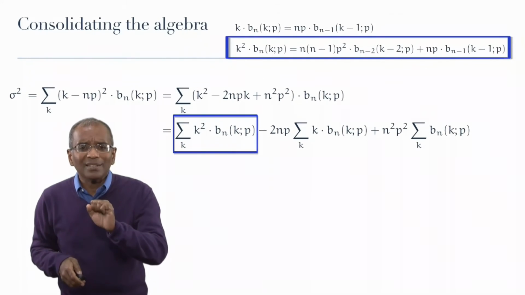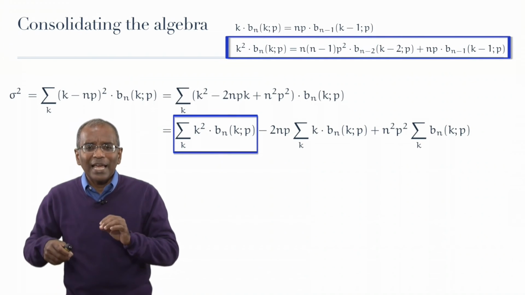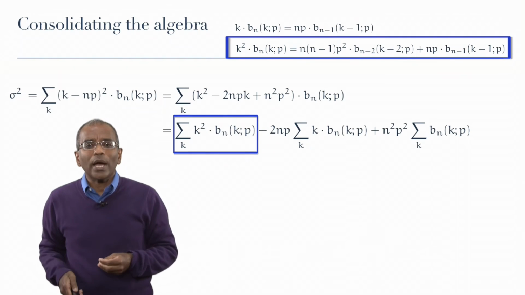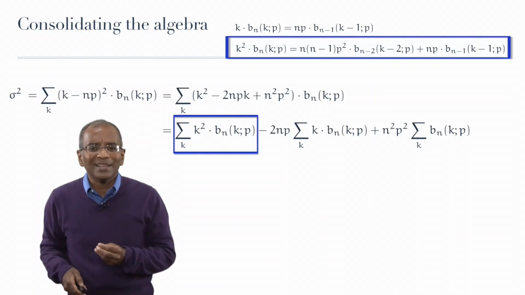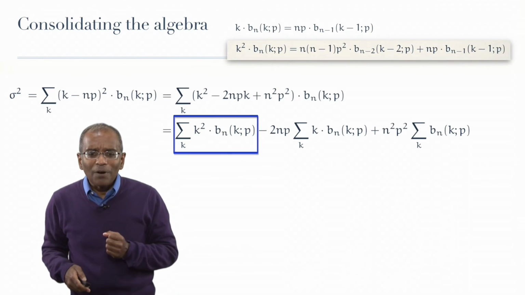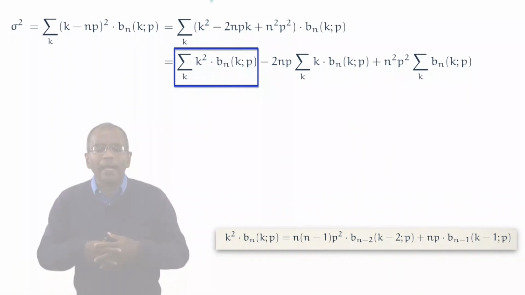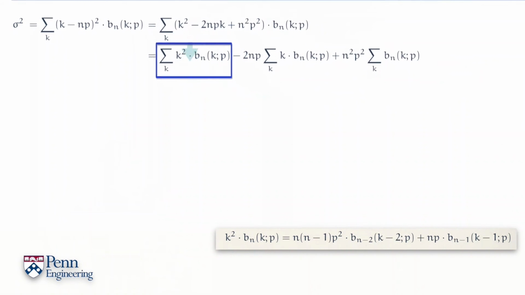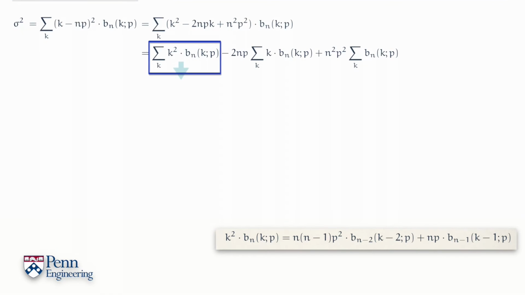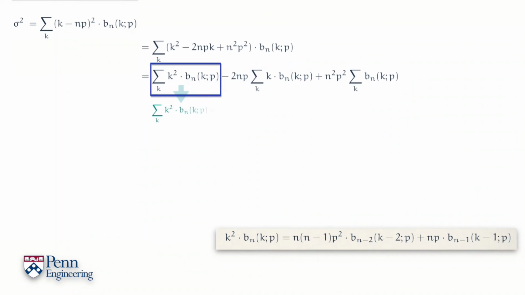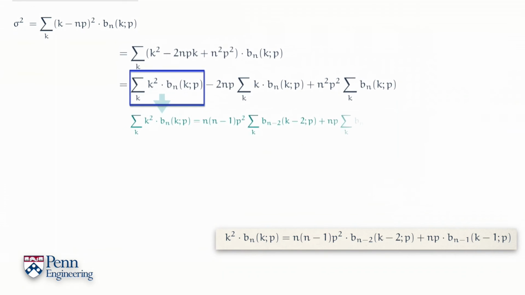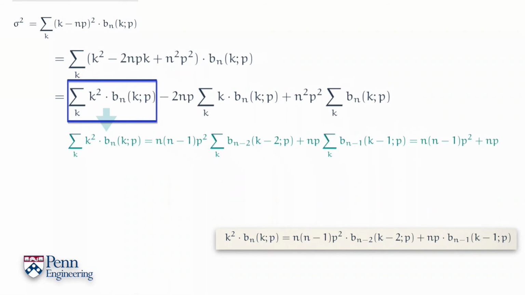We've already done in our sample exercise a computation of what k squared times bn of k is. Simply replacing k squared bn of k by our identity involving binomial probabilities of n minus 2 and binomial probabilities of n minus 1 tosses, and summing over all k gives us a moderately complex looking expression.